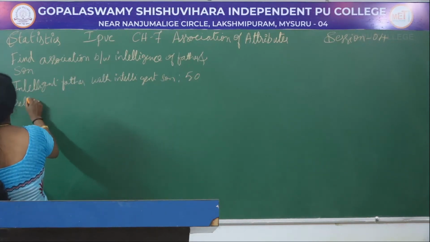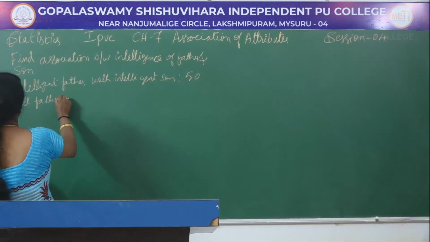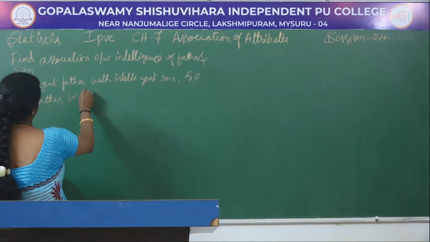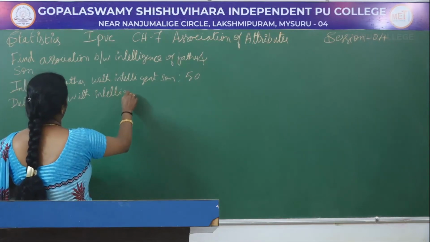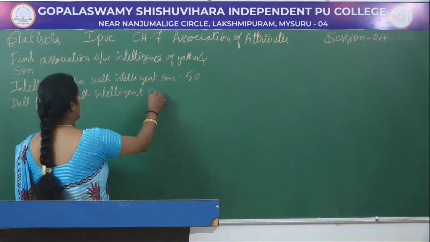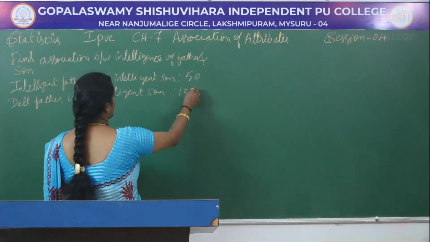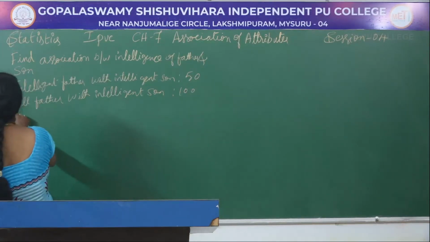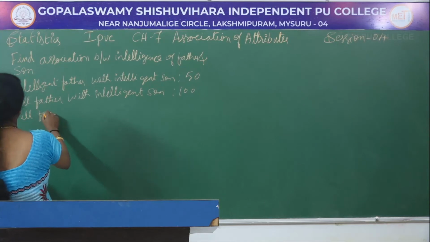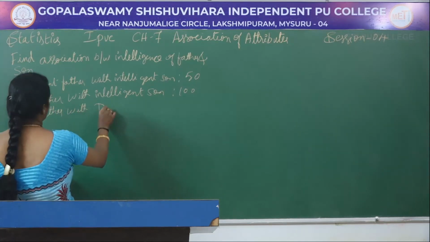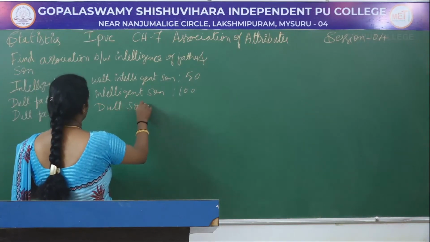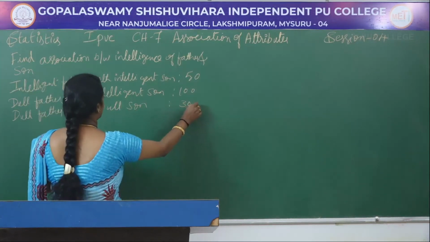Dull father with intelligent son 100. Dull father with dull son 300.